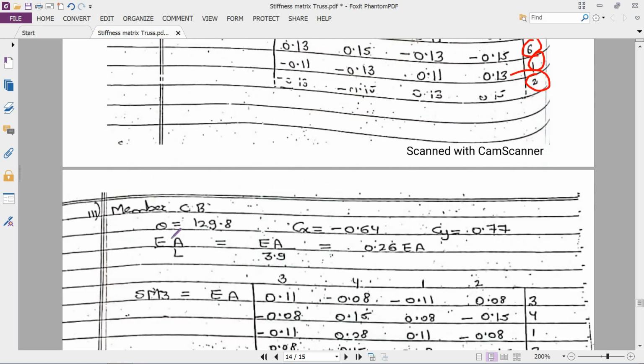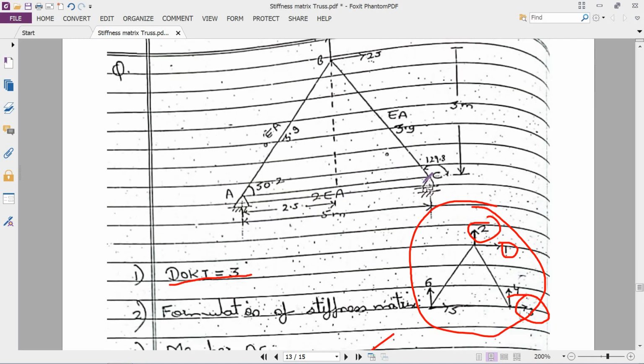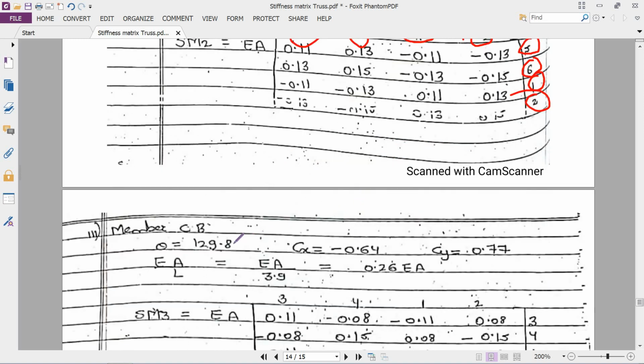Now the next step is the calculation for member CB. This is the other inclined member acting from the left side. In this case one has to understand that we have to measure the angle from the horizontal axis in the anti-clockwise direction. So we first calculate this angle, and then deduct it from 180, so the angle will become 129.8.